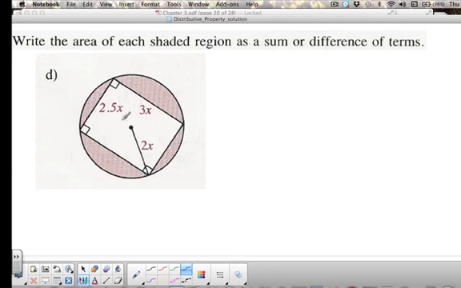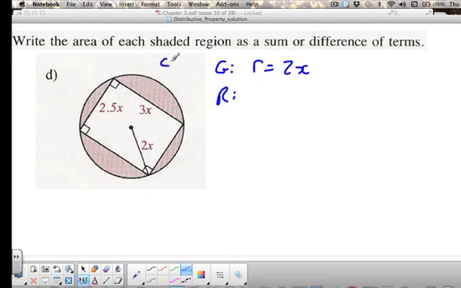Now, to calculate the shaded region here, we have a circle, and for the circle, we have a radius. I'm just going to deal with the circle at the moment. We're given that the radius of our circle is 2x. And we require the area of the circle.